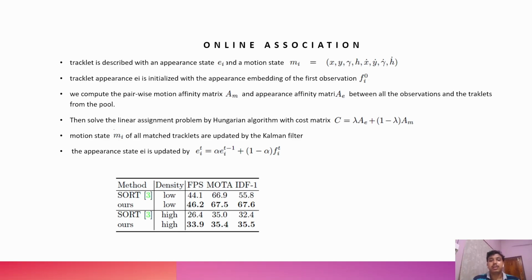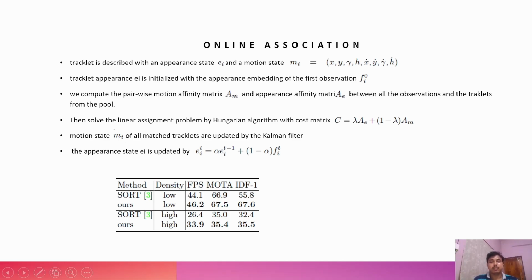Then we solve the linear assignment problem by the Hungarian algorithm with cost matrix C equal to lambda A_E plus 1 minus lambda A_M. The motion state m_i of all the tracklets is then updated by the Kalman filter. The appearance state e_i is updated by e_i^t equals alpha e_i^(t-1) plus 1 minus alpha f_i^t, where f_i^t is the appearance embedding of the observation at time t.